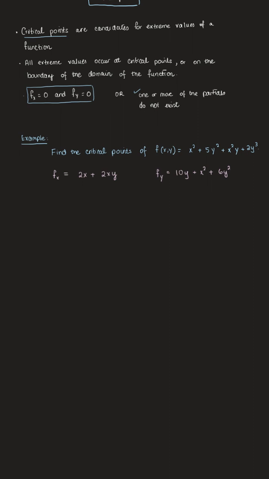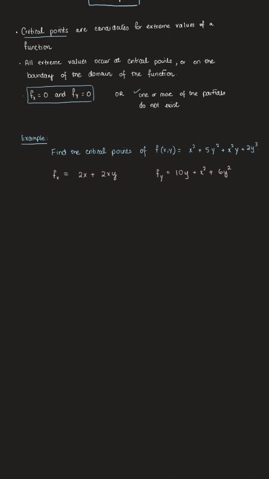So both of these partial derivatives exist everywhere for any values of x and y. So now we need to find out when both of these are going to be equal to 0. For what values of x and y are both partials equal to 0?